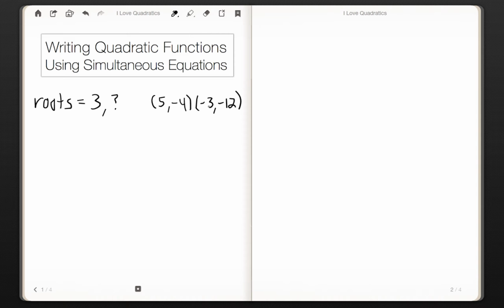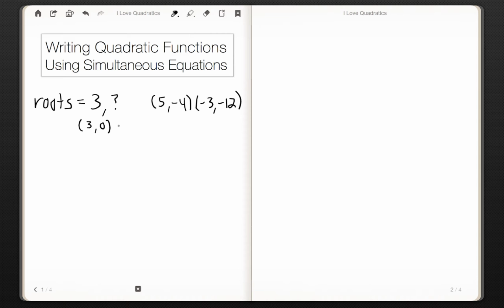So what can we do with this? Well, we know that we can't use root form when we only have one of the roots. We tried that in the last video, and it didn't work. But what we do have here is 2 points, and we have a third point here. Because at a root, the y value is 0, so we can change the root of 3 to the point (3, 0).